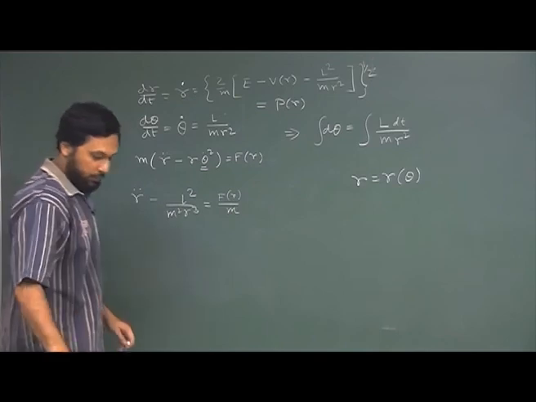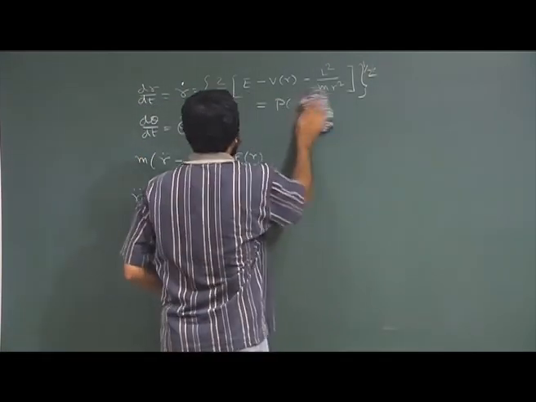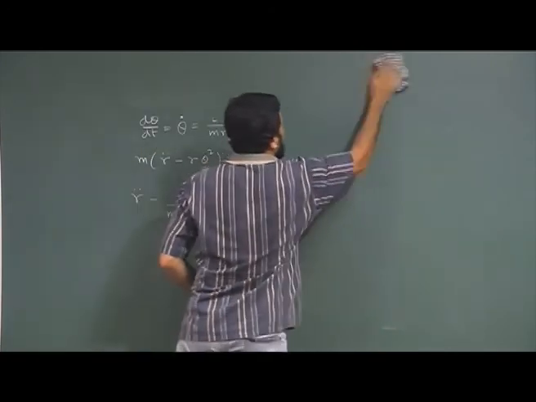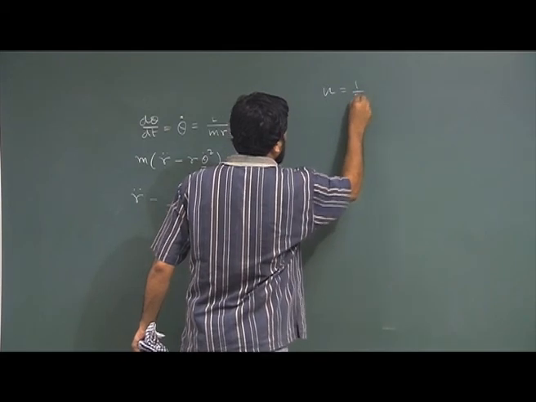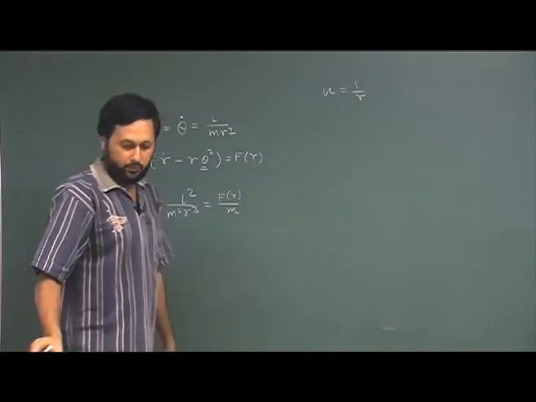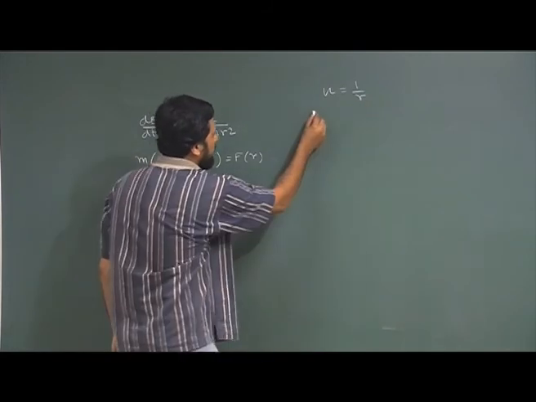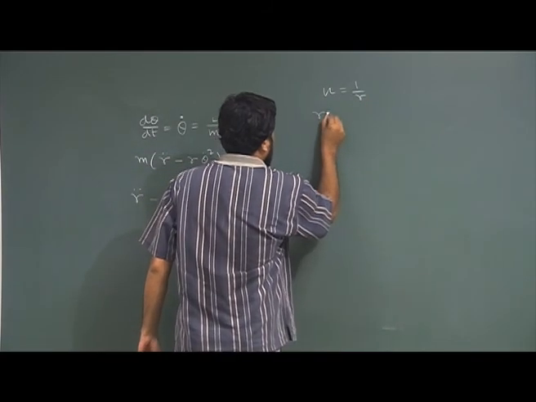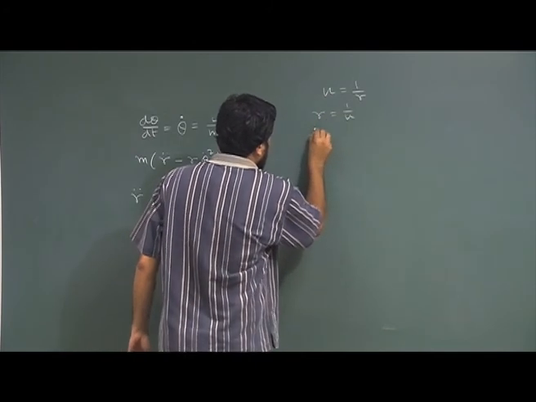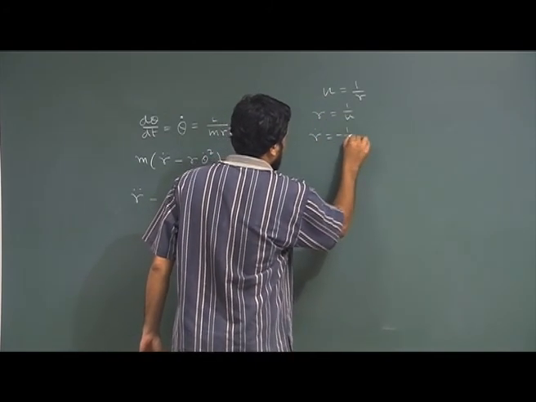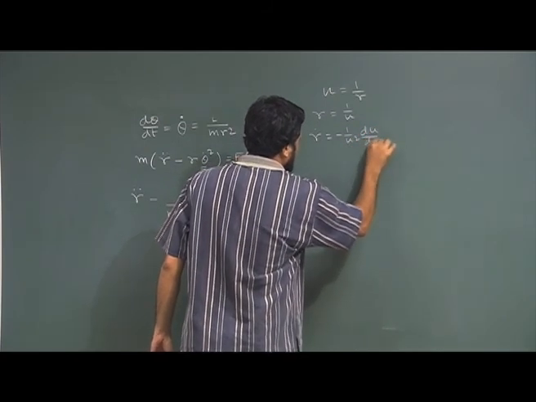Now, we introduce a new parameter which we call u as 1 by r. It is just the inverse of the radial part. If this is the case, then r is also 1 over u, and r dot is minus 1 by u square du dt.